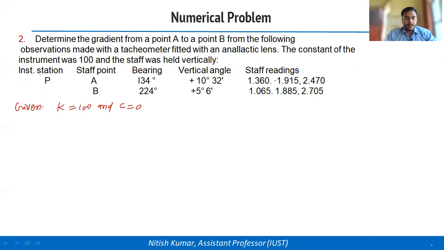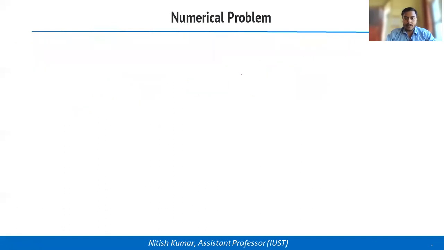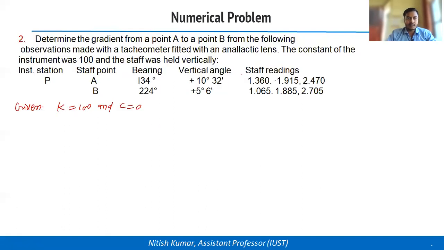Okay. So when we set the instrument at P and the staff at A, we took the readings: bearing, vertical angle, staff reading. When we kept it at B, we took the bearing, vertical angle, and staff reading. So we have to determine the gradient between A and B. What is the gradient?